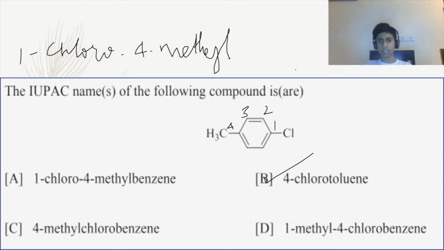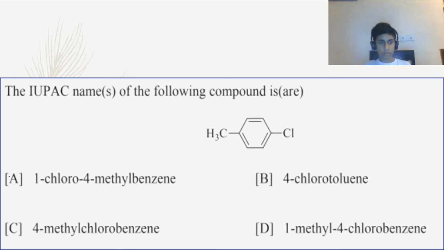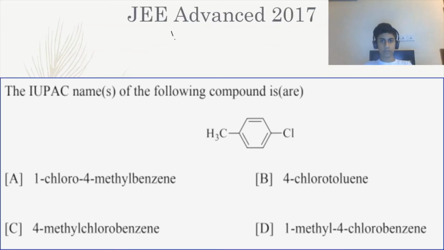And the last thing is it's just a benzene. So option A and option B are right. It's not any of these; these are wrong. This is the beauty of this question.